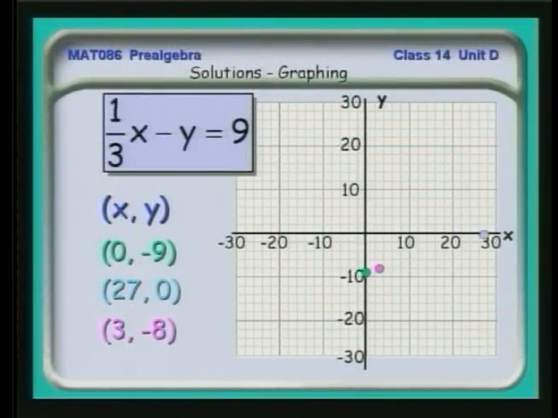Try when you set your scale up to fill the whole piece of graph paper. Anyway, we've determined 3 points here. Now I can connect those 3 points with a straight line, and again, that straight line indicates all possible solutions for the equation 1/3 x minus y is equal to 9.